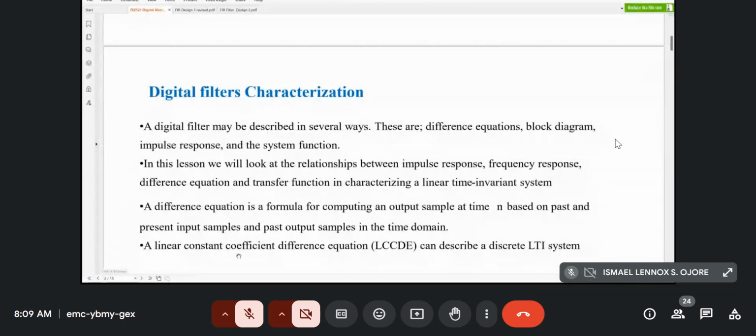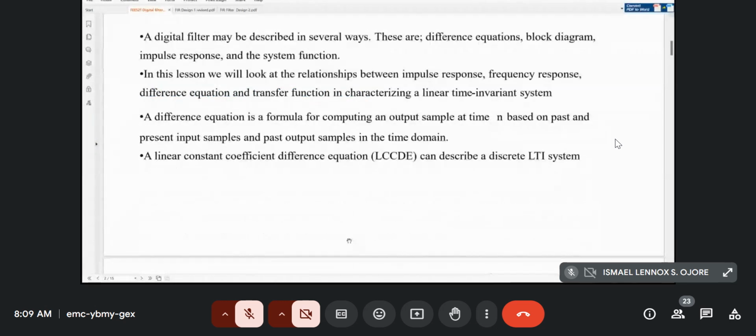What we are saying is that a discrete causal LTI system can be fully described or characterized by a linear constant coefficient difference equation.